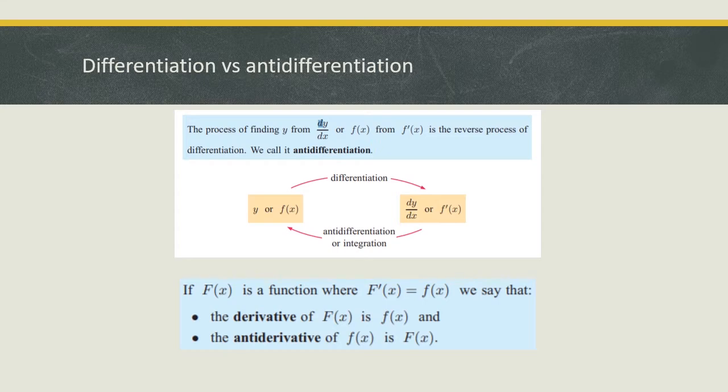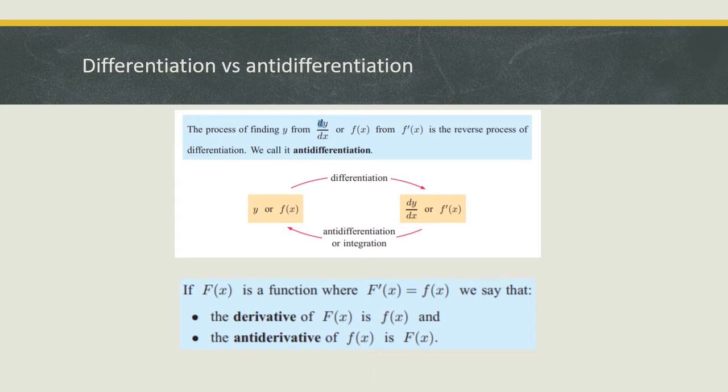Differentiation versus anti-differentiation. Well, we know that differentiation is finding the derivative of a function, while anti-differentiation is the reverse of this, since it can be used to find the original function of the derivative. The product of this process is called the antiderivative.